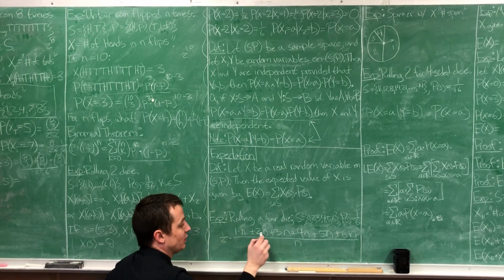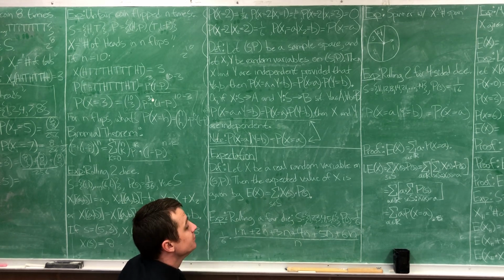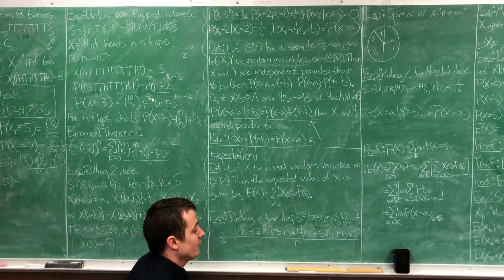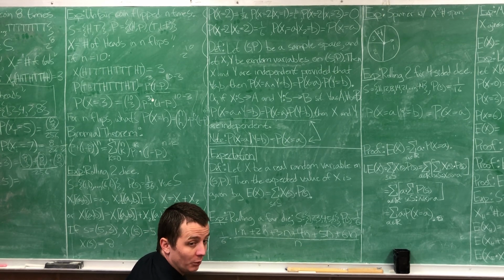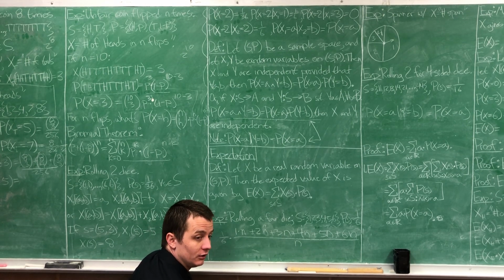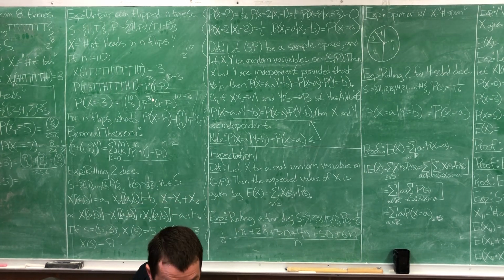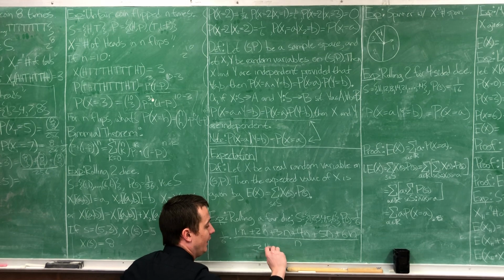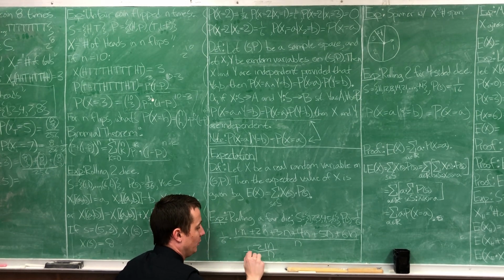So now I have 1n plus 2n plus 3n plus 4n plus 5n plus 6n. How many n's do I have? 21. 1 plus 2 plus 3 plus 4 plus 5 plus 6 is 21. So I have 21n over n, and we have 1/6 times that.